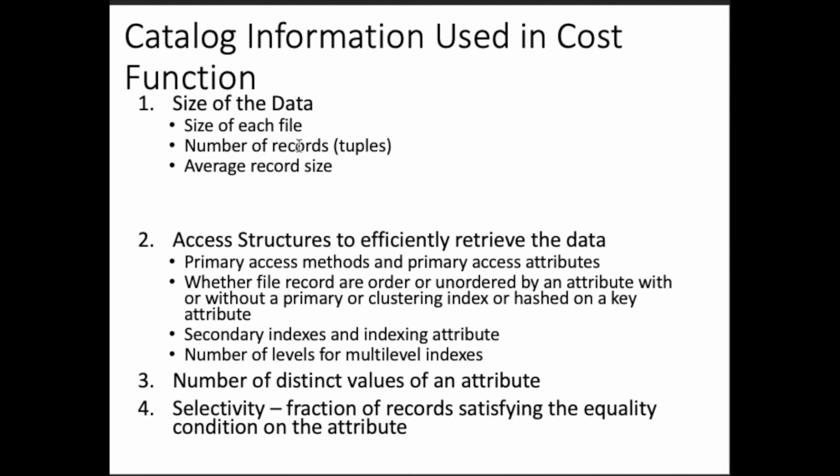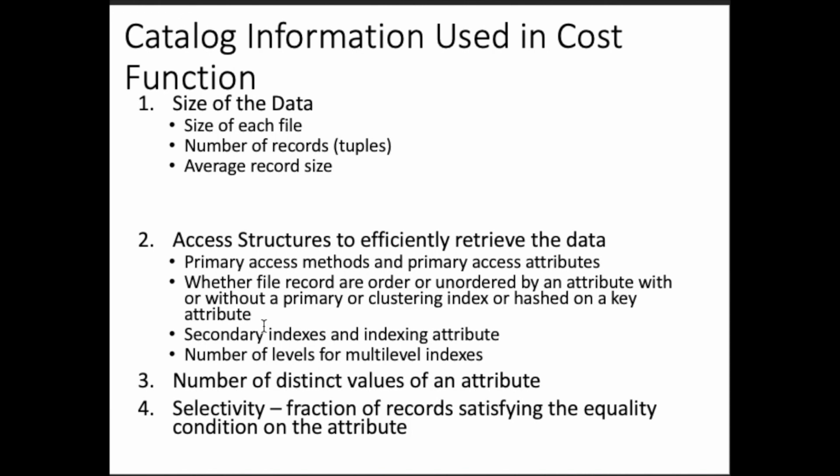And then the total number of records or tuples, and then the average record size. The second category is the access structures that you need to maintain to efficiently retrieve the data. So yung mga primary access methods, primary access attributes na ginagawa natin like indices or hash table. So it also has an effect on the cost of evaluating a query.